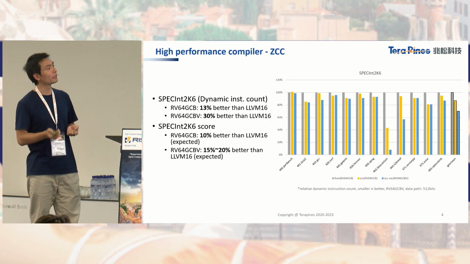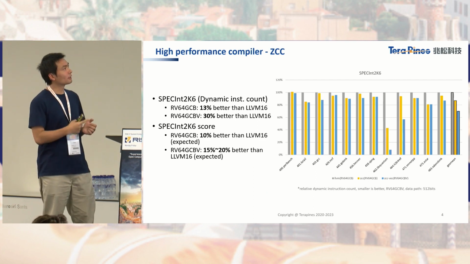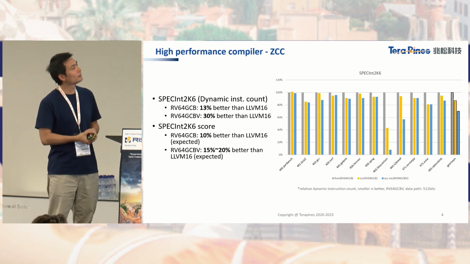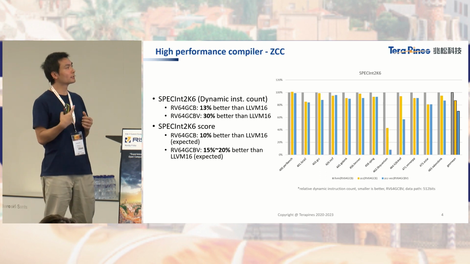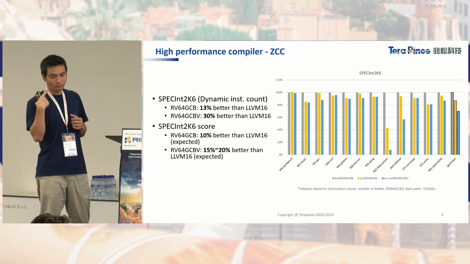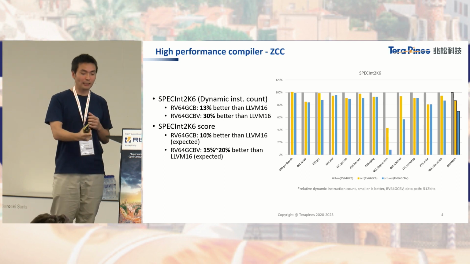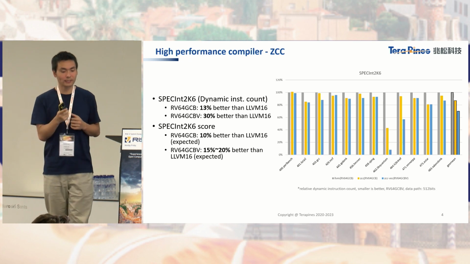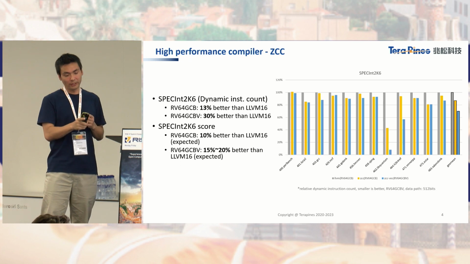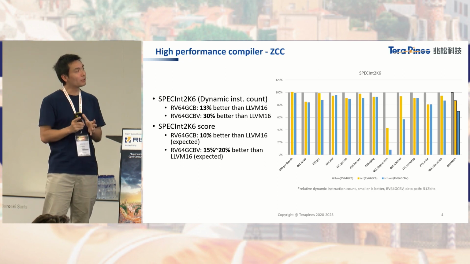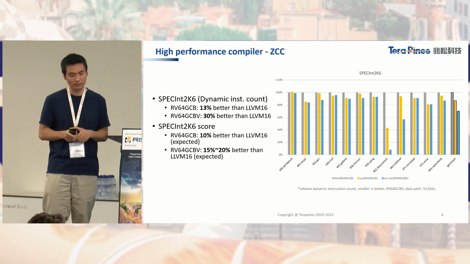Next, let's talk about our high-performance compiler. This is SPEC 2006. The gray bar on the right side of the screen shows LLVM built for RV64GCB.